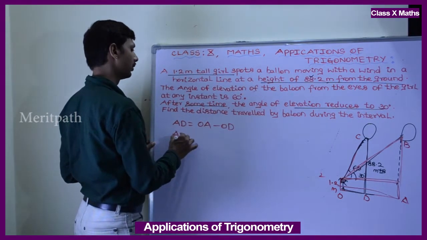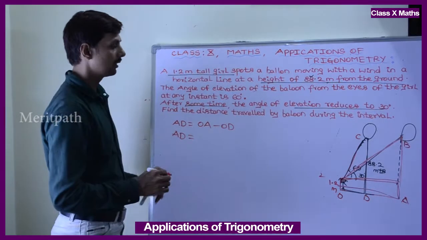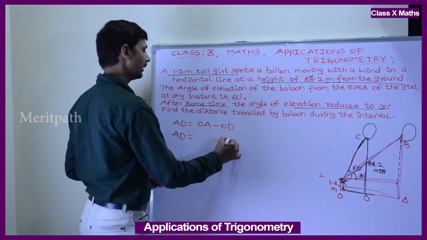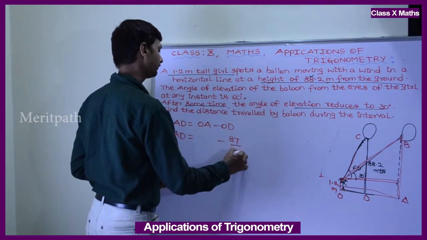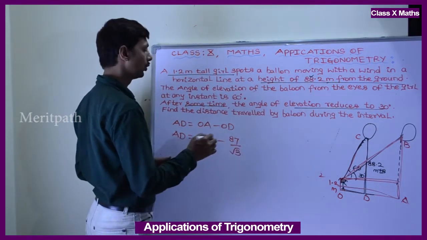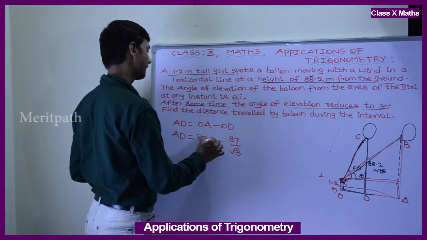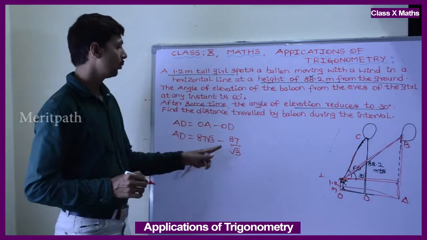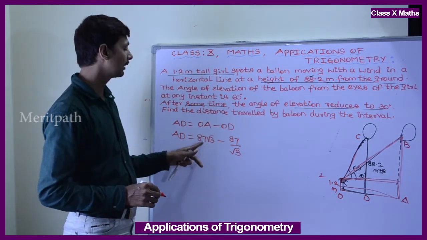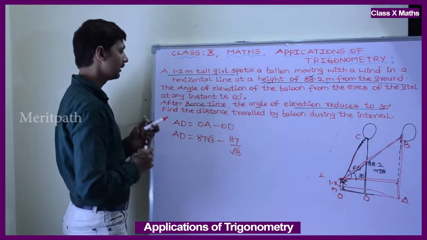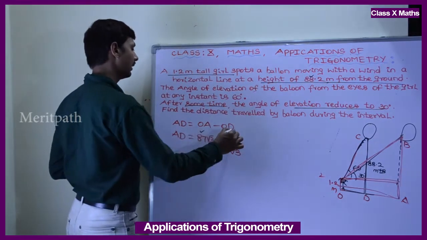So AD is equal to OA minus OD. In equation 1 we got OD as 87 by root 3, and in equation 2 we got OA as 87 root 3. Let us take 87 common.